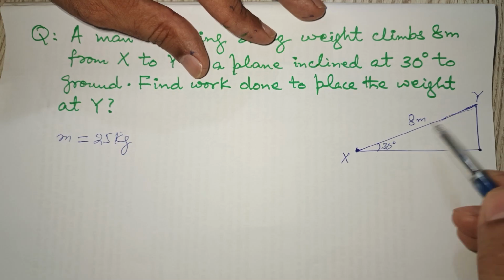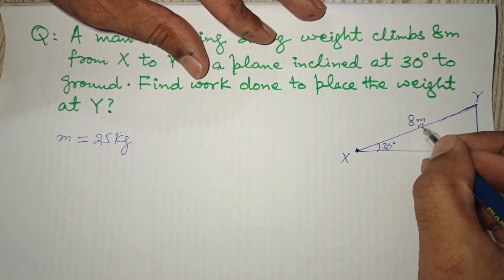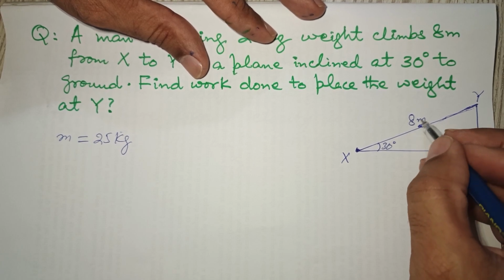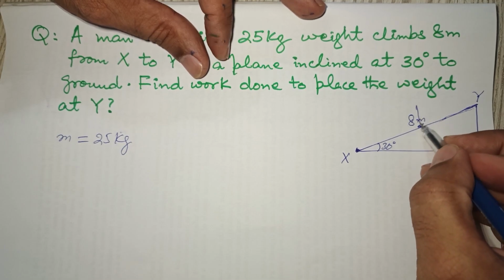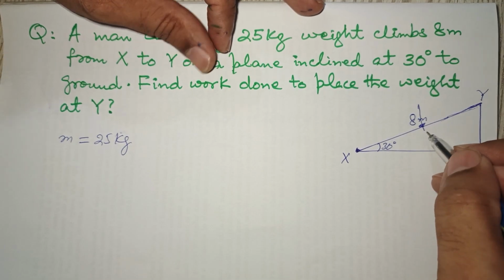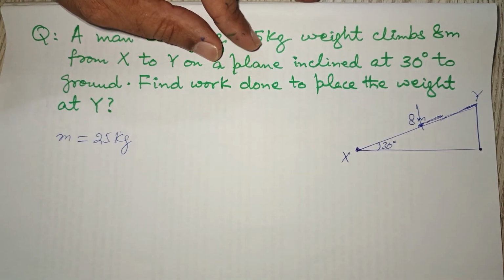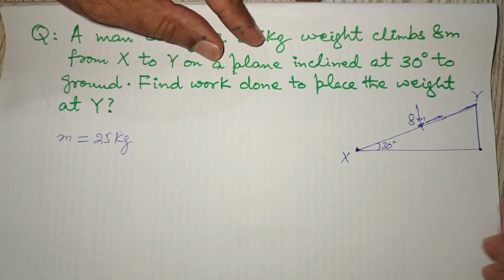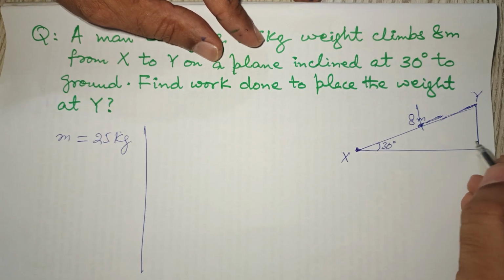Okay. So when he will move over this path, the weight will have two components. One component will be perpendicular to the surface and other one will be parallel to the surface. Okay, so we have to find out the perpendicular one because horizontal has no role in it. For that we have to find out this line, this triangle, right angle triangle.